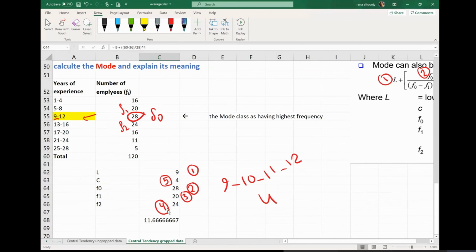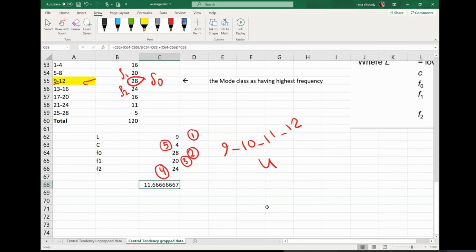Then the result is 11.6. This is the mode. From this calculation, we can find the number repeated many times, or with the highest frequency, which is 11.6 years of experience. This is the mode of this data.